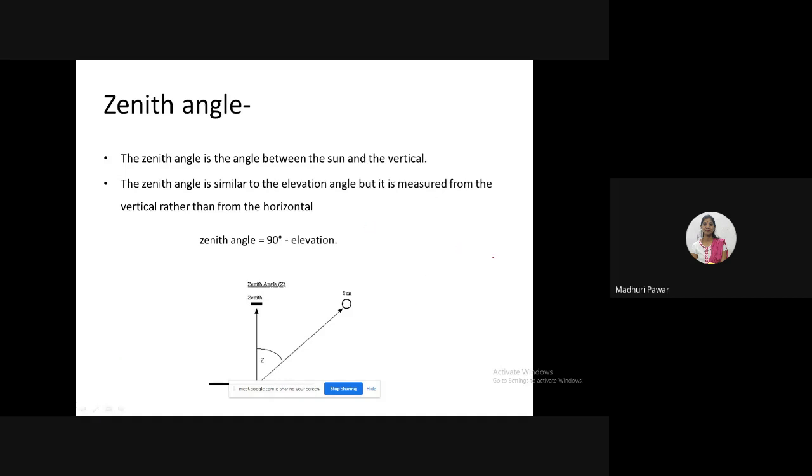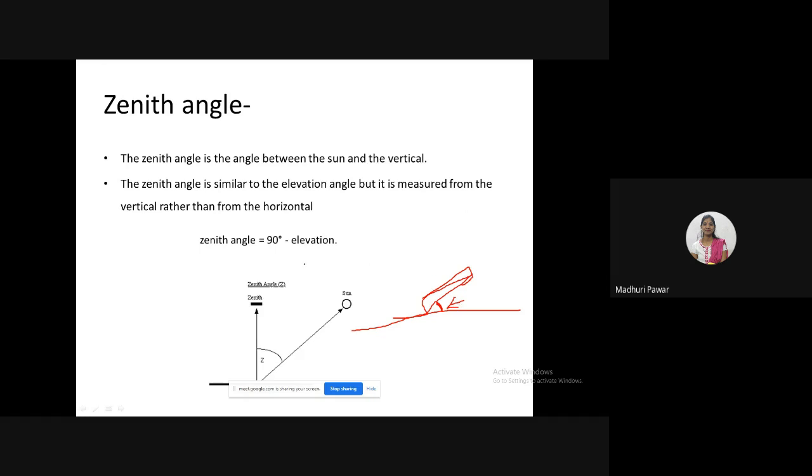In tilt angle, what we saw here, suppose a PV module is placed here. This is a diagram related to this, and we are measuring the angle with reference to the horizontal surface while measuring the tilt angle. Tilt angle is nothing but the elevation angle.